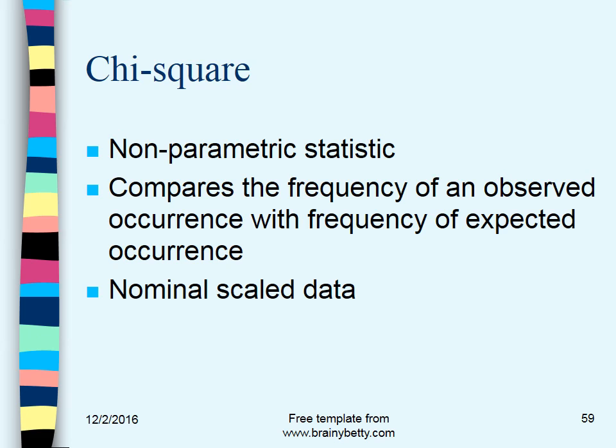Another really common test people use is a non-parametric statistical test, so you don't have to have an evenly distributed population or sample size, and that's chi-square. This compares the frequency of an observed occurrence with the frequency of an expected occurrence. And you can use nominal data on this one, so it can be a quasi-experimental study that you can use chi-square on.